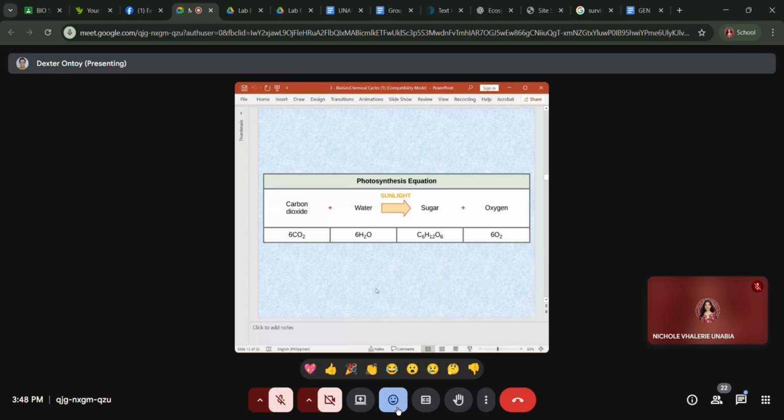The basic product of photosynthesis is carbohydrates, and glucose in particular is composed of 6 carbons, 12 hydrogen atoms, and 6 oxygen. In excess of this combination, 6 moles of oxygen is released by the plants as well. So these are the products, no? Sugar and oxygen.